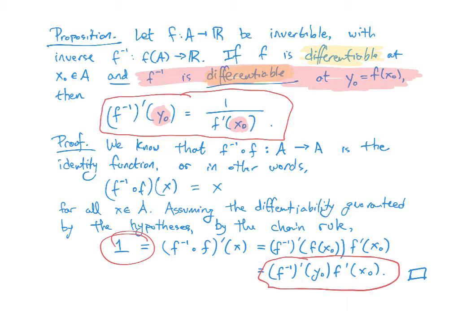And that's the big problem with this proposition. This proposition is not useful for telling us that the inverse is differentiable, because it assumes that the inverse is differentiable. So that's a big problem with this result. It will not tell us, hey, that inverse is differentiable, for sure. However, one thing this proposition will tell us is when the inverse can't be differentiable.